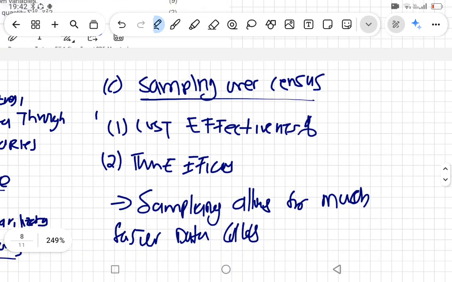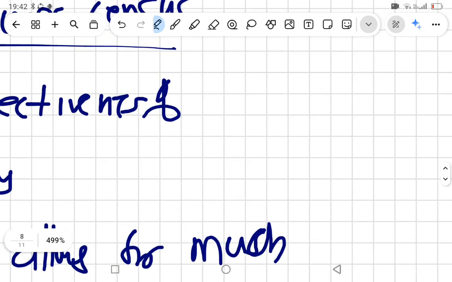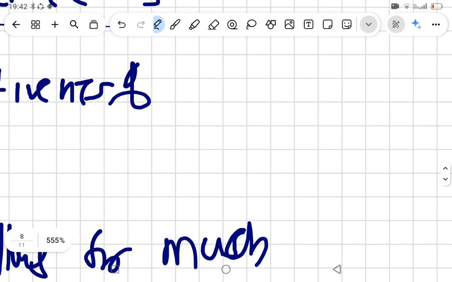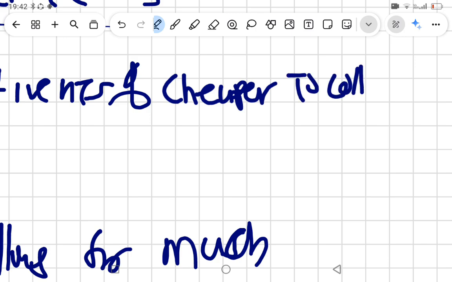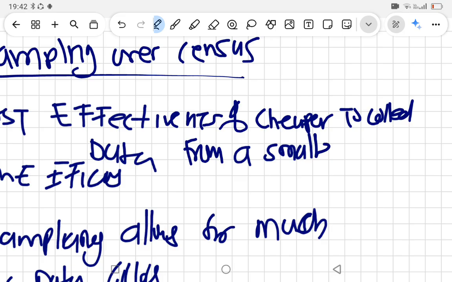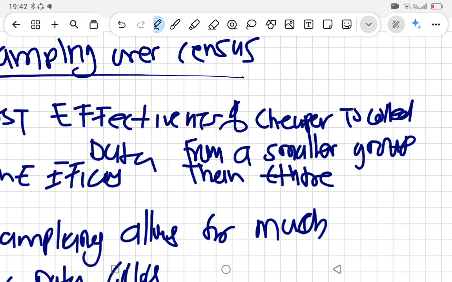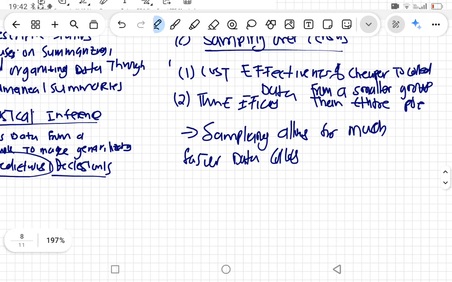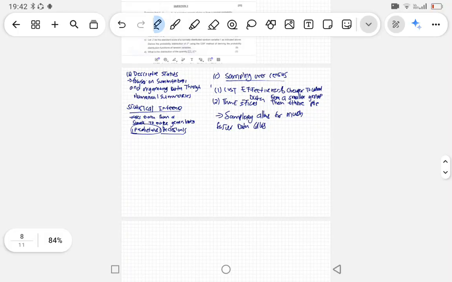In terms of cost, it's cheaper to collect data from a smaller group than the entire population. Then we'll come to the next one.